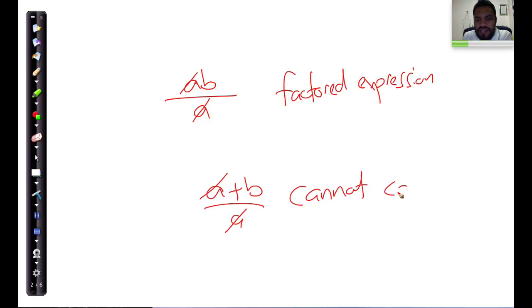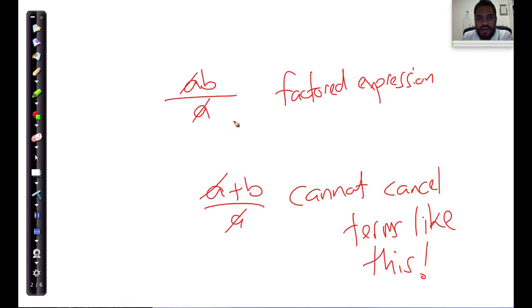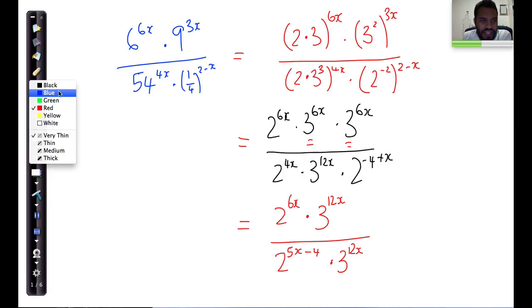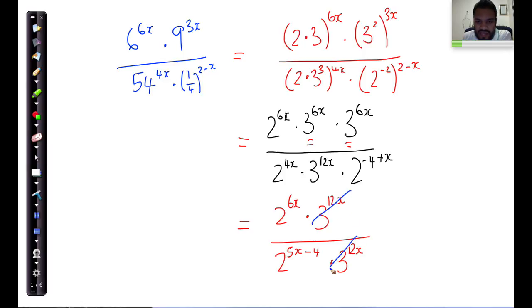Cannot cancel terms, because this is not valid. So it's very important that a person is able to see that. But because this is factored, this is something multiplied by something else, I'm actually permitted to cancel like that. Okay, so now we're going to simplify this even further.